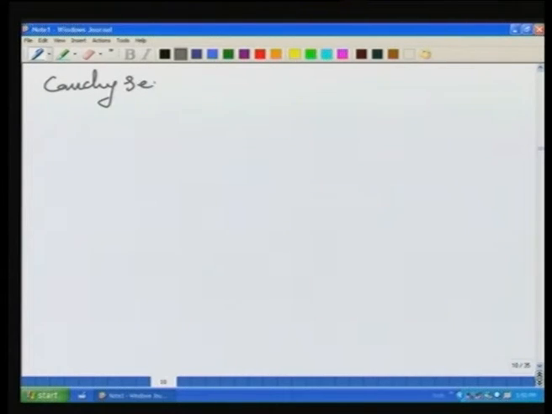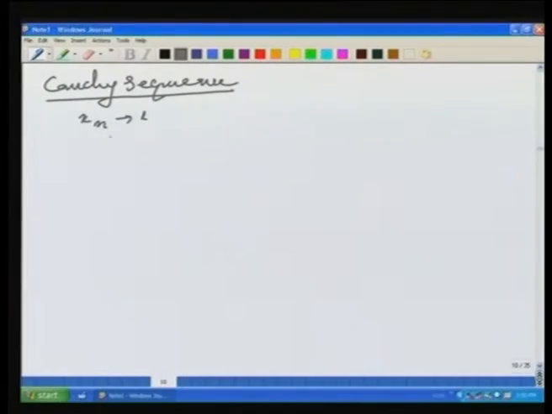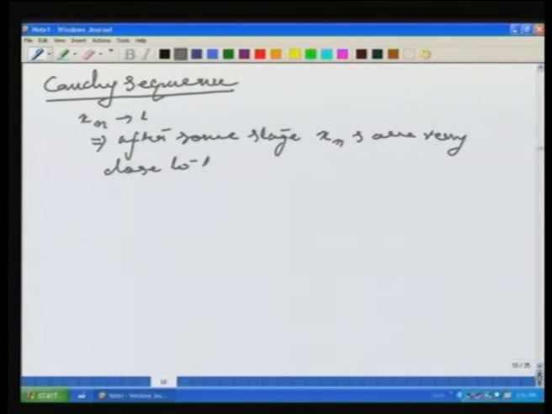Cauchy sequence. It comes out from a very intuitive way of looking at convergence: x n converges to L implies after some stage all the x n's are very close to L. Now, from this statement, if I want to get rid of this L, can I think of it this way, that all the terms of the sequence are getting very close to each other?